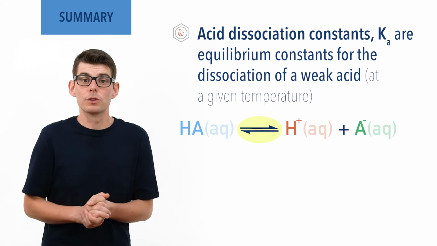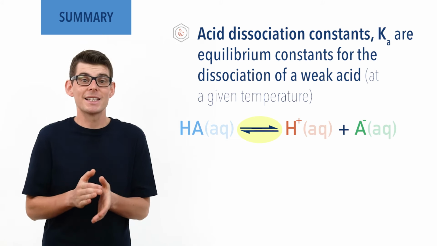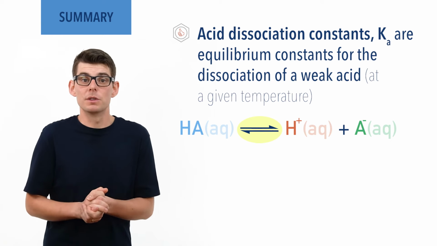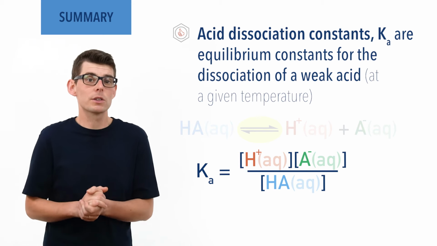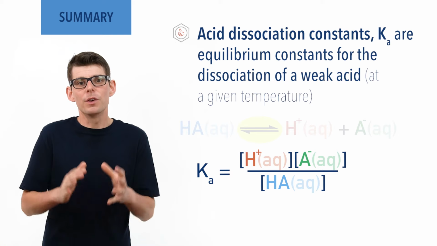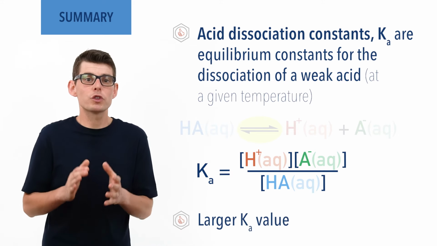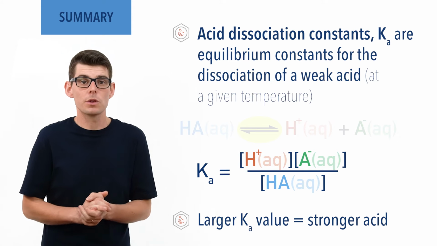They are based on the concentration of weak acid, H+ ions, and conjugate base ions at equilibrium, and are found using the expression Ka equals H+ concentration times A- concentration divided by HA concentration. The larger the value of Ka, the stronger the acid, as this means more of it has dissociated in solution.